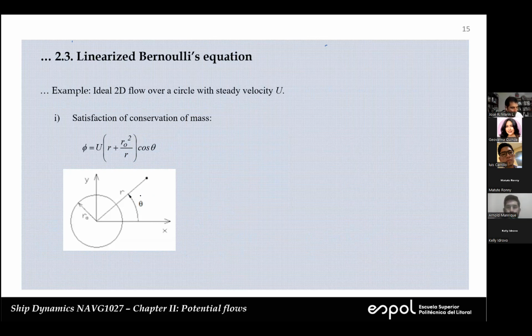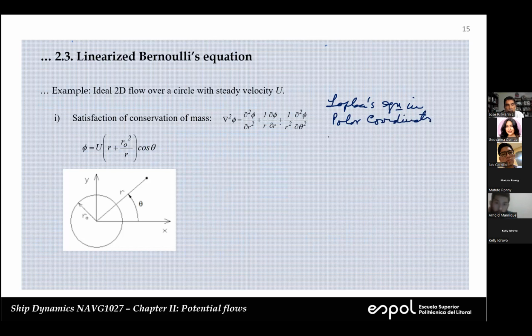Now, since we're working in polar coordinates, it's better to express Laplace's equation in polar coordinates. So this is Laplace's equation in polar coordinates.